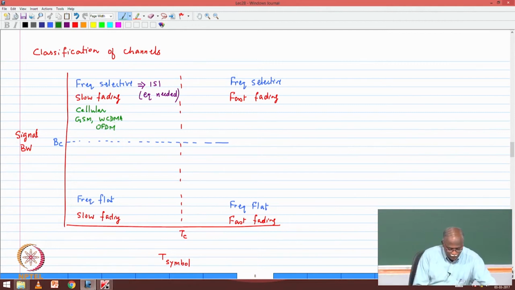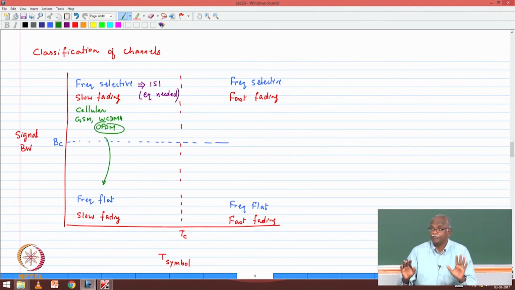If you don't need equalization, of course, which means that you have created a large number of carriers, so therefore you have avoided equalization in your OFDM system. So OFDM could either be here or it could be here. That means experiencing slow fading, frequency flat, and therefore the receiver is very simple, and that's one of the reasons why OFDM is very popular, because you can design the system so that you don't need an equalizer.